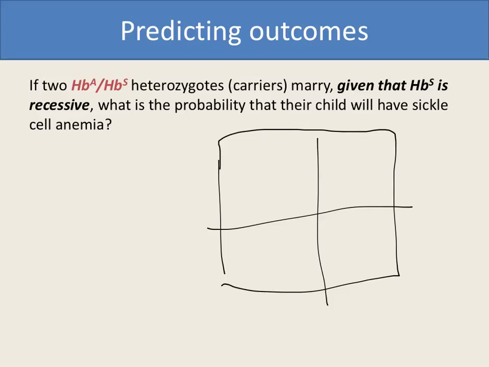So, if we have two heterozygotes, this individual will be HBA, HBS, and along the top we'll say HBA and HBS.